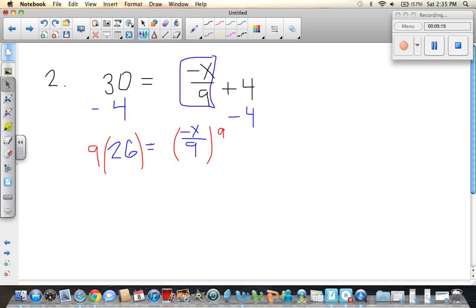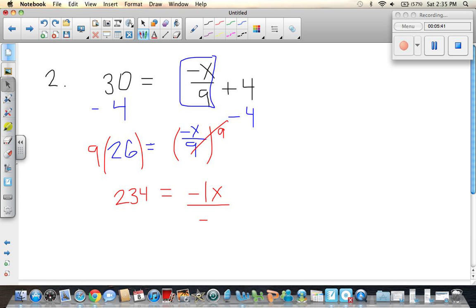9 times 26 gives us 234. And then on this right side, we're left with a negative x. A lot of people are leaving this as negative x, and that's not correct. We need to get rid of the negative symbol to really have x alone. And the coefficient here is really a -1.